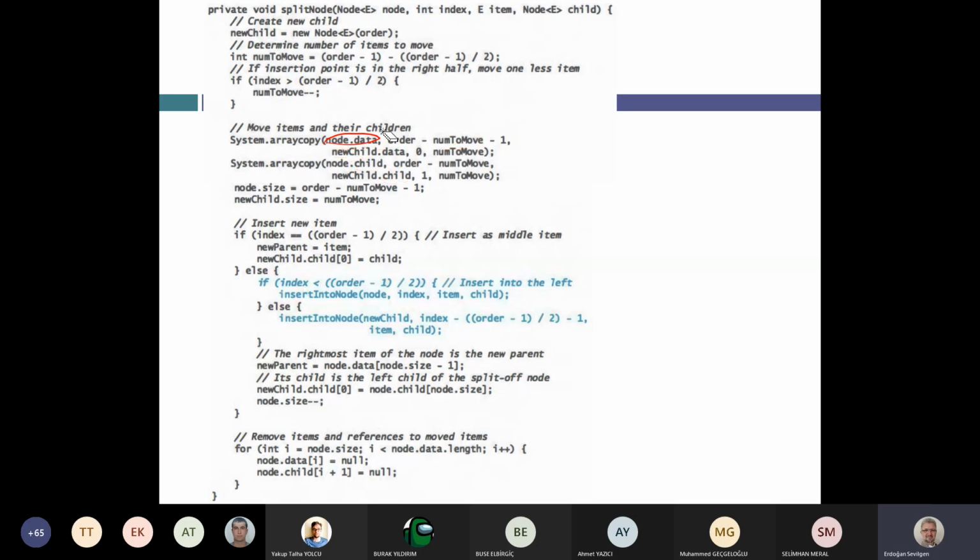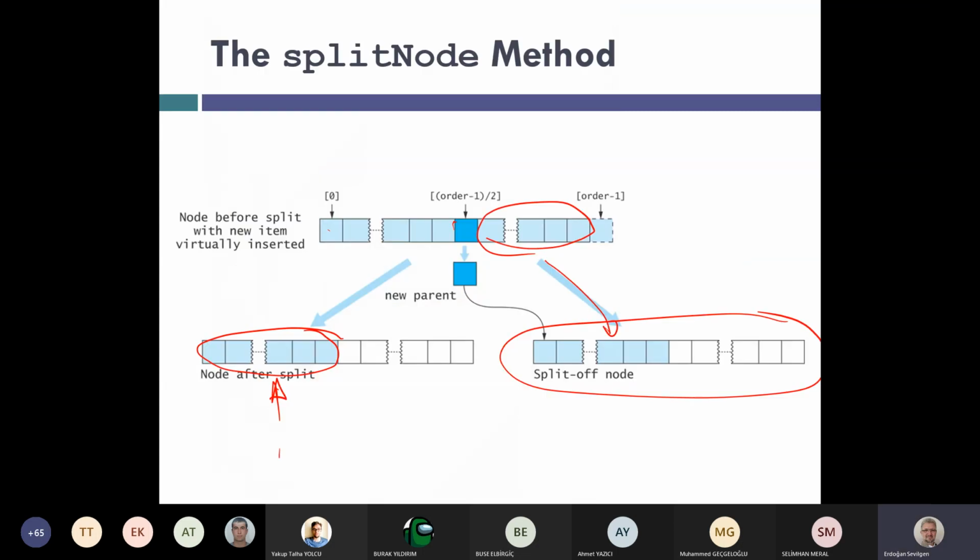So for the child and data array, the values in the node will be copied to the new child that we created here. For data, these are copied here. For the child array, we perform the same operation and make the copy.